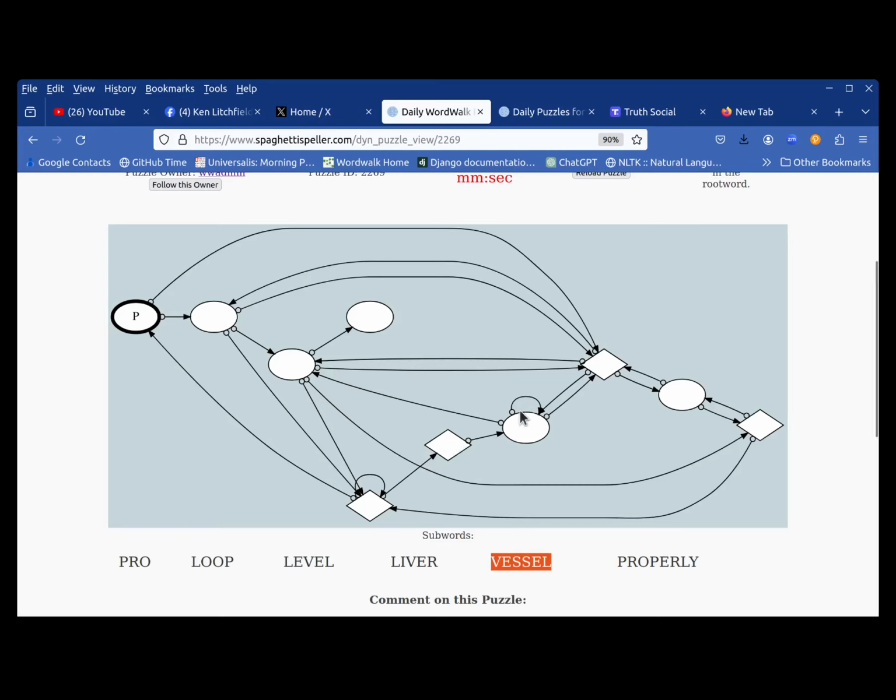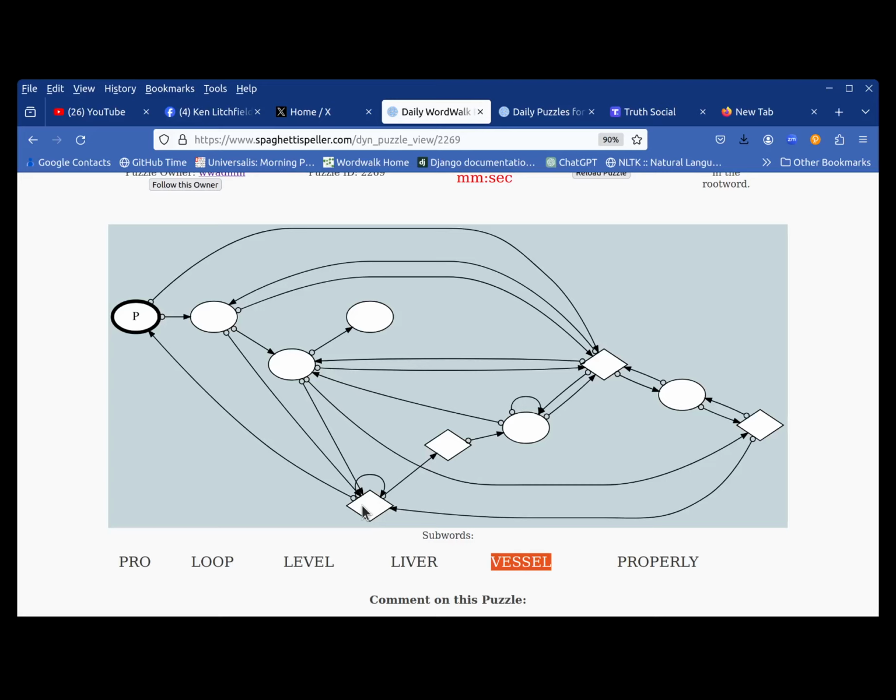If we look at the other two vowels, this one here and this one, we'll see that this one has many more arrows coming in and out of it than this one does. So my guess is that this one is an E. And that's an S. So in vessel we have an E going into the S, then a double S, and then an E coming out. So my guess is that this is the E, this is the S, and we know that this is the O.